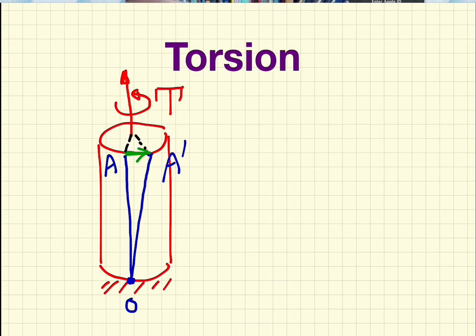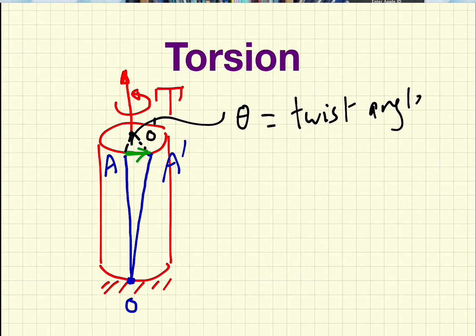If we connect to the origin of the circle, which represents the cross section, O prime, for example, then the angle subtended here is called the twist angle theta. This is the twist angle, and the angle that can measure the shear is gamma, which is the shear angle.